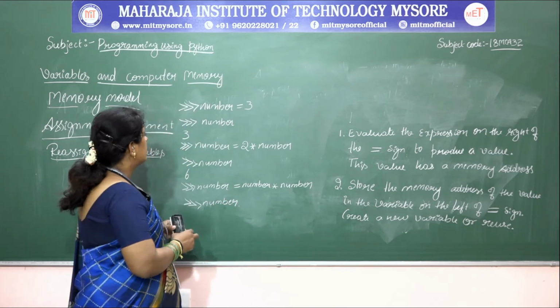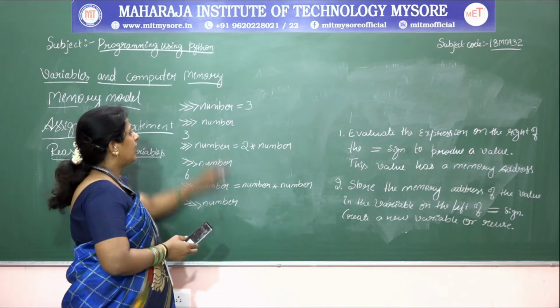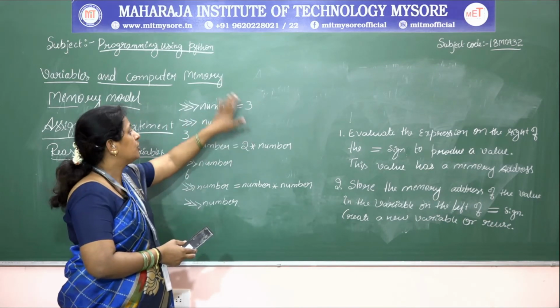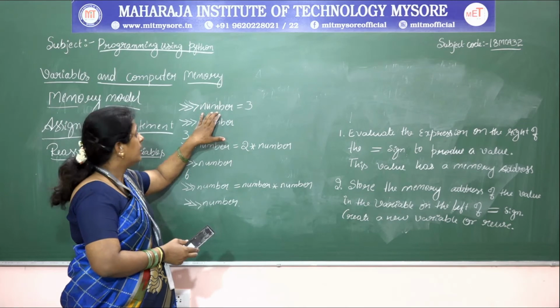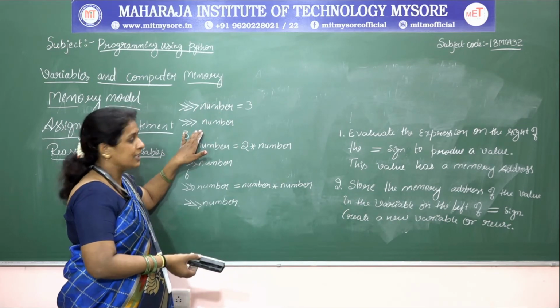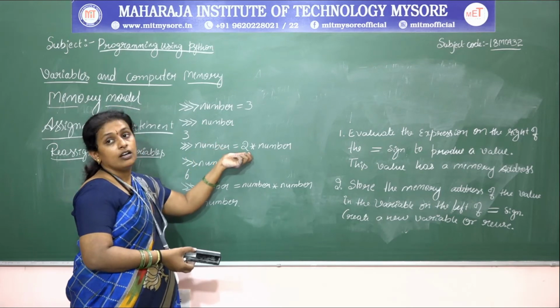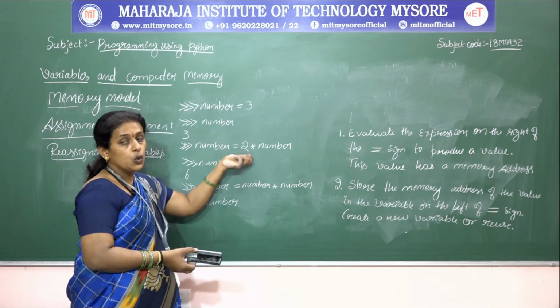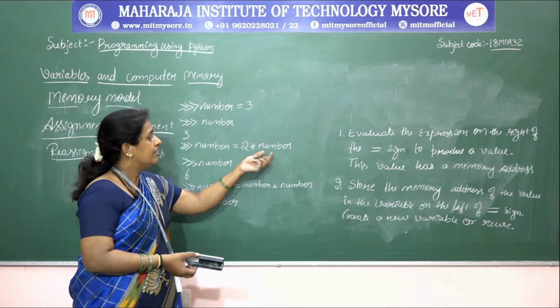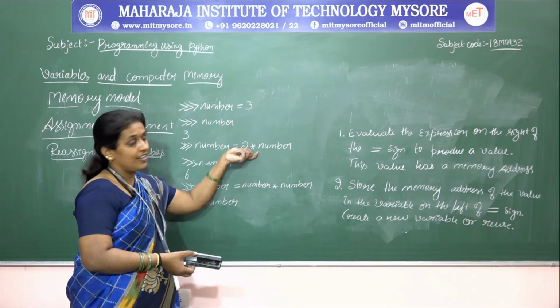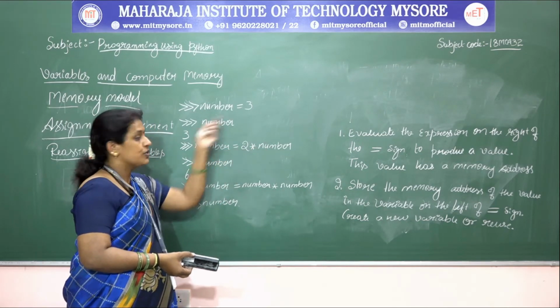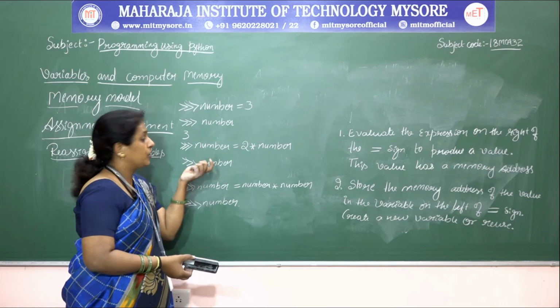With respect to this code, I am assigning the value 3 to a variable called number and displaying it in the second statement. The third statement is number = 2 * number. Once again this expression gets evaluated, and the produced value will be stored in the variable called number only.